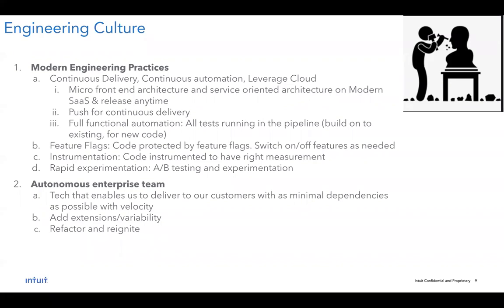We also provide technology which allows you to build extensions and variability into the team. This helps you move faster, especially in different geographical markets, whether it is a globalization or internationalization. Last but not the least, we encourage our teams to have a culture that, based on your experimentation, based on your KPIs that you got out of instrumentation with feature flags, you refactor your product.